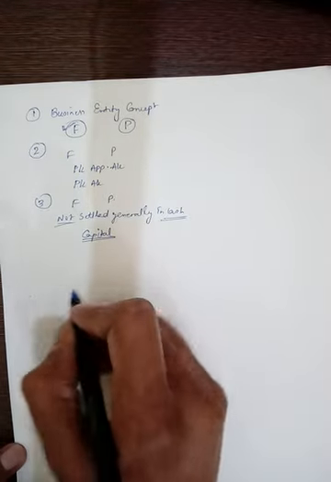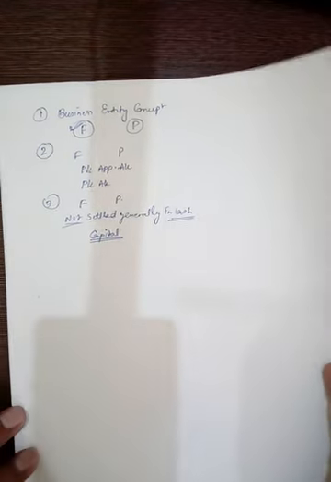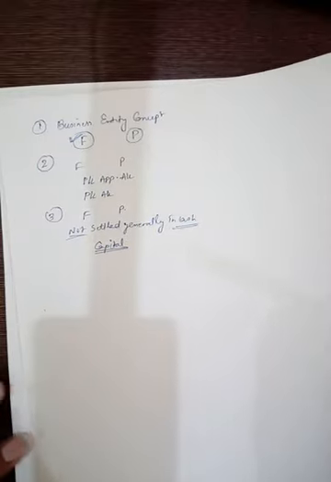Now come to the illustration that I have framed for you. With the help of this illustration, the picture will be much clearer to you. So now let us discuss this illustration.